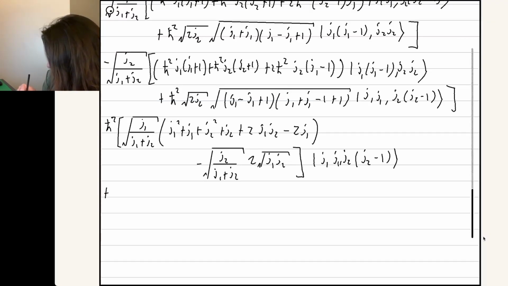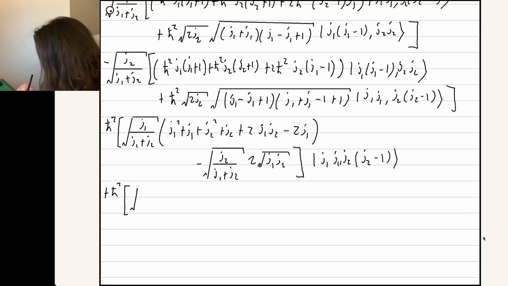We have another term which will be acting on the other eigenvector. So this time we'll have the root of J1 over J1 plus J2. And then that's simplified to 2 roots J1 J2.